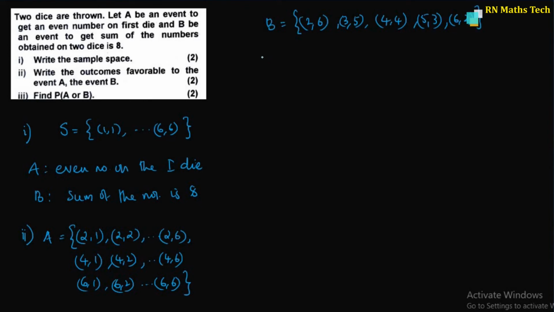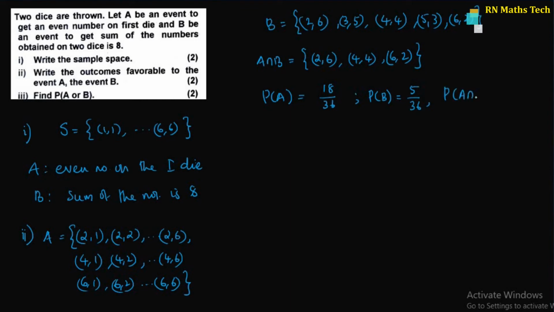Okay. So A intersection B is equal to 2,6, then 4,4, then 6,2. P of A is equal to, here 18 elements, 18 divided by 36. P of B is 5 by 36, and P of A intersection B, common elements, is 3 divided by 36.